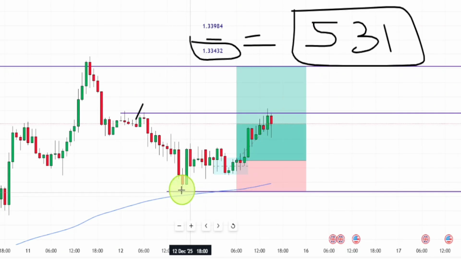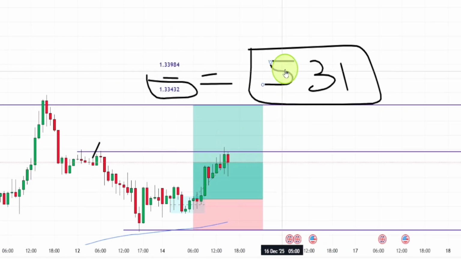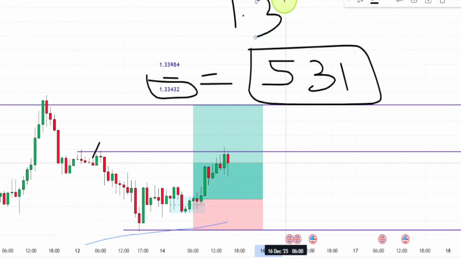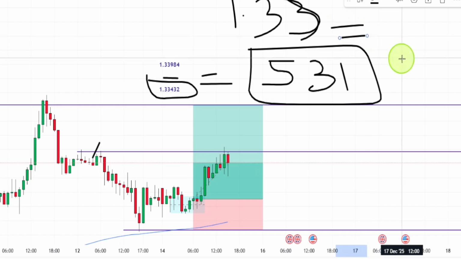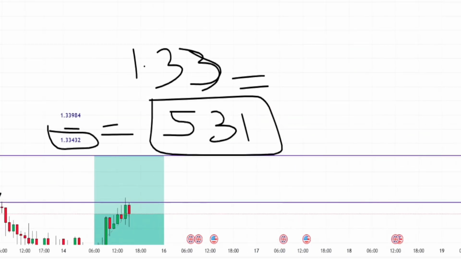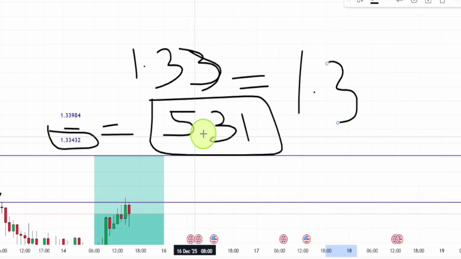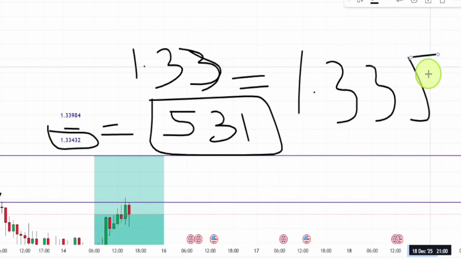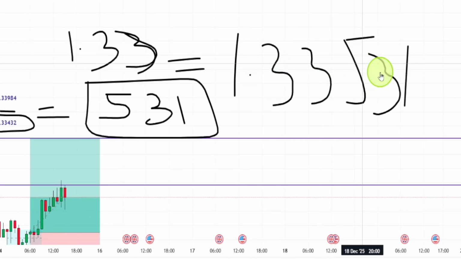All right, so now we find the low and then the high. The number is here. Now we have 531. So we take the constant number, which is 1.33, and then add it to this one. So the number we get is 1.33531.